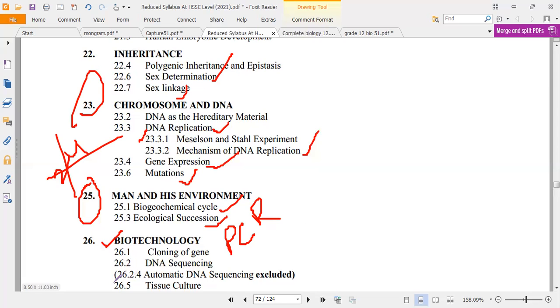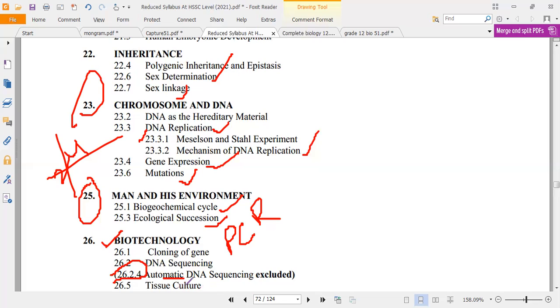But excluded here is automated DNA sequencing, that is excluded. But all the DNA sequencing techniques are included. Then DNA analysis, that is not included. None of that subtopic is included. Genome analysis, that is not included.